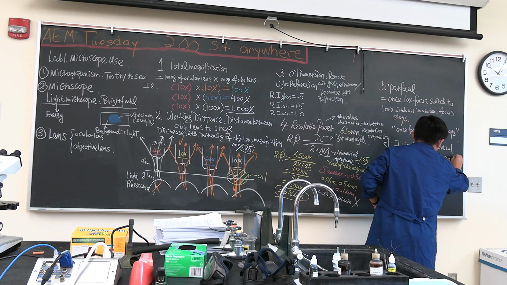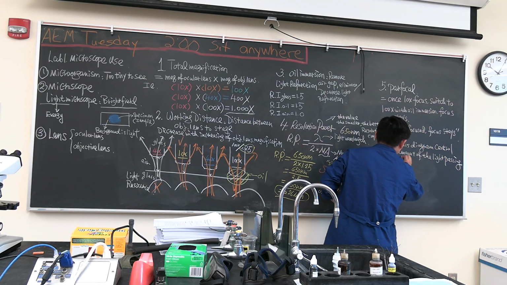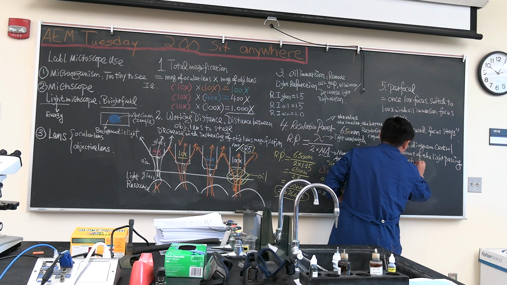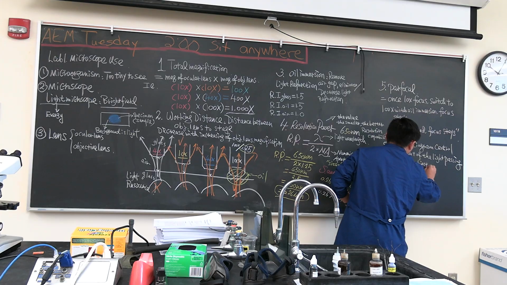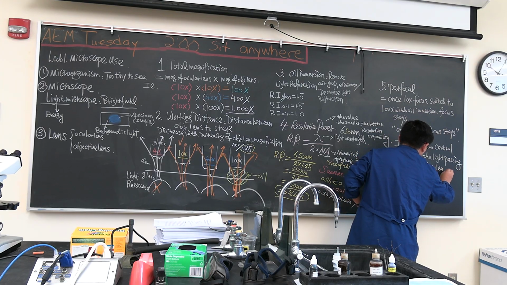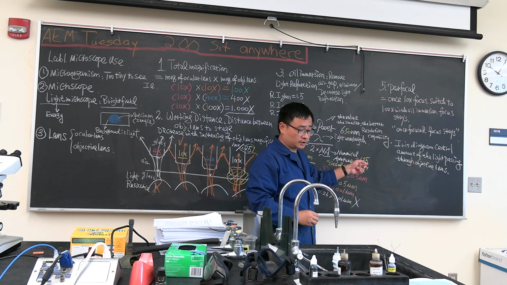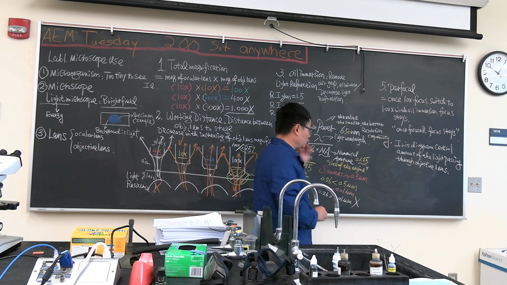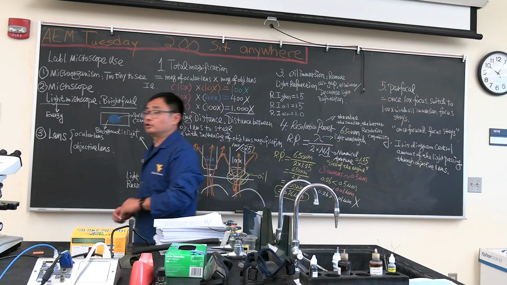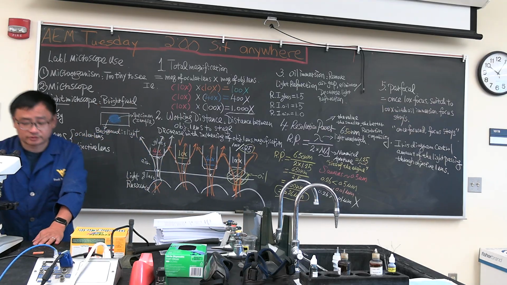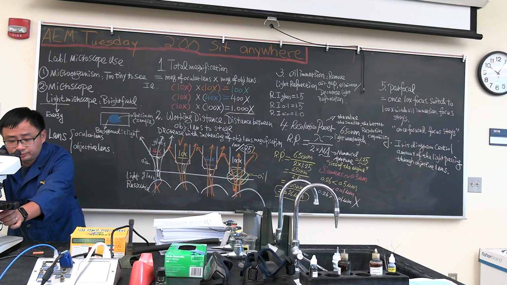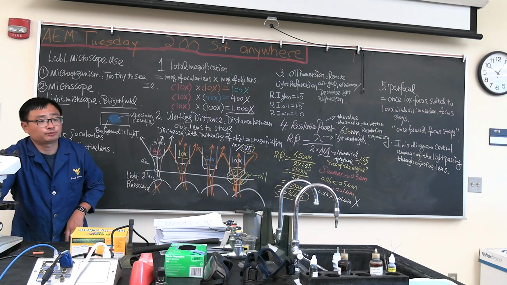passing through the objective lens. It should correspond to the lens you are using. Which means if you are using 10x, this knob should be set at 10.